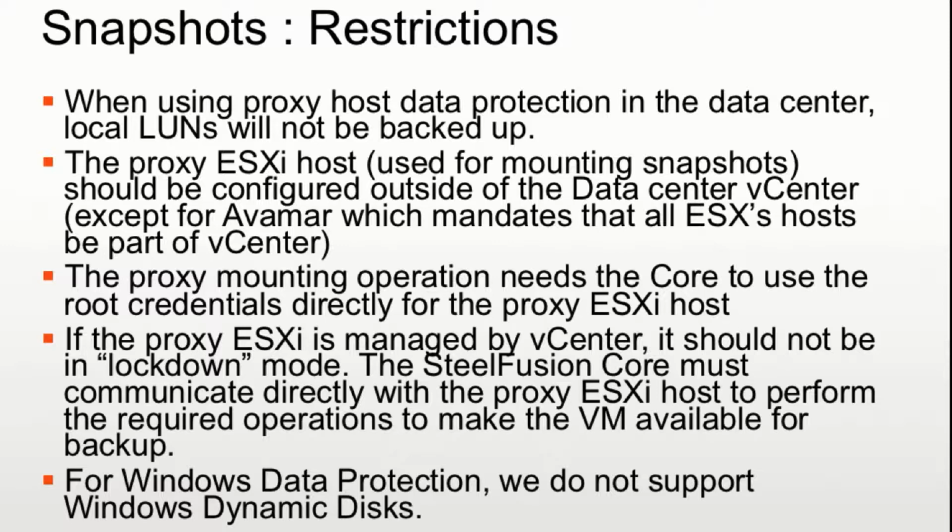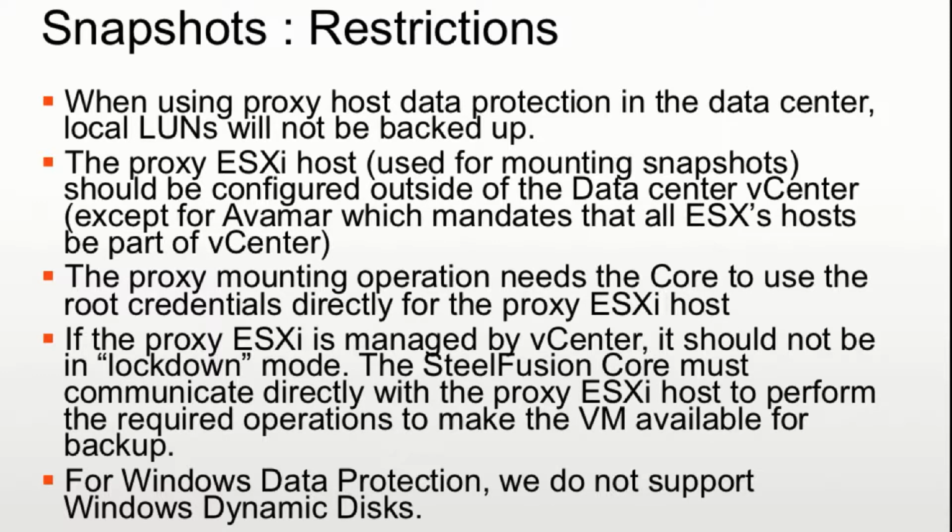There are a couple of restrictions. When we are using a proxy ESXi host for data protection in the data center, local LUNs will not be backed up. The reason being the presence of the local LUNs is not there in the backend data center. So the local LUNs are not protected. The proxy ESXi host used for mounting snapshots should be configured outside of the data center vCenter.